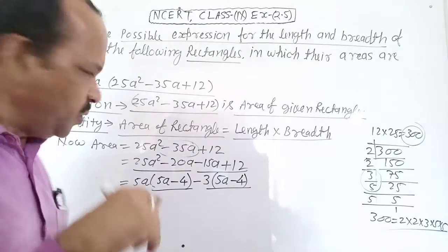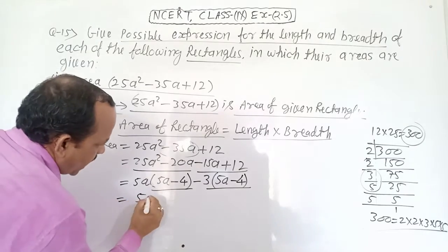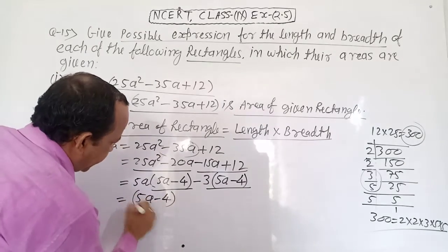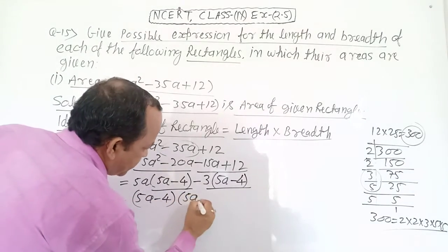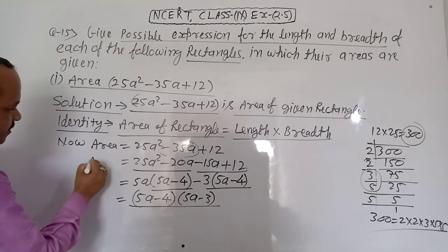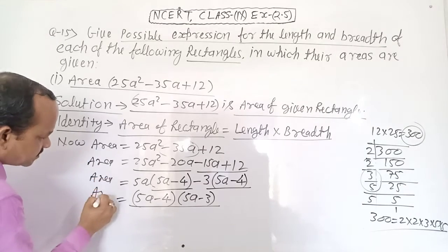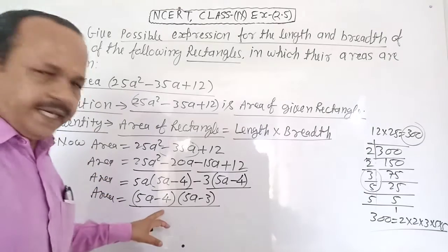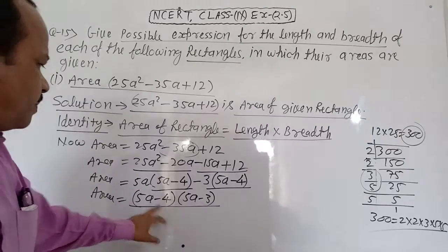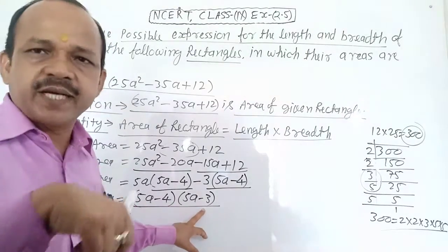Clear? Now you can write 5a minus 4 in the first bracket and 5a minus 3 in the second bracket. You find the area of the rectangle: 5a minus 4 in the first bracket, 5a minus 3 in the second bracket.